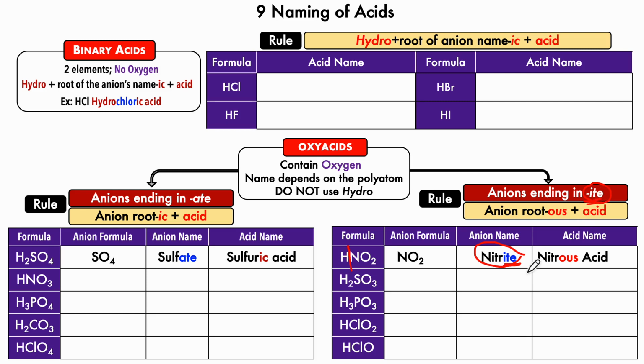This acid will be named nitrous acid. The anion root is NITR, then it ends in OUS, and you tag along acid at the end. Go ahead and complete all of the acids listed in these two tables.